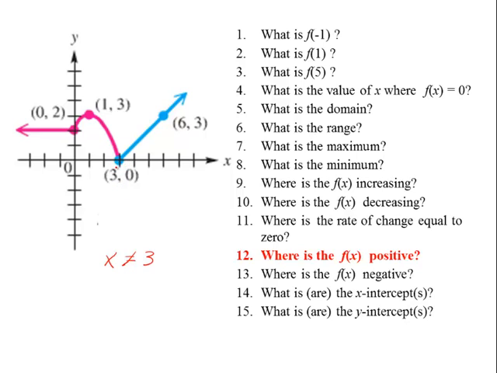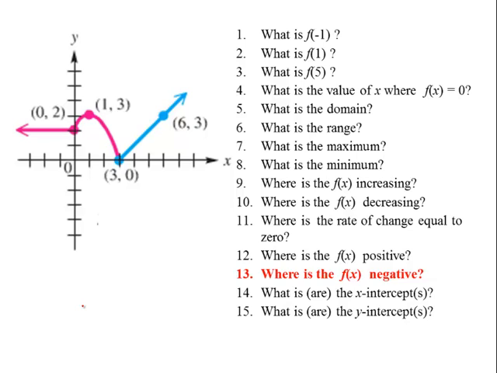Because when x equals 3, y is 0. And when y is 0, it's not positive, because 0 is not positive or negative. So we could say all real numbers except when x does not equal 3. And this is the shorthand for that. So this implies all real numbers except for 3.